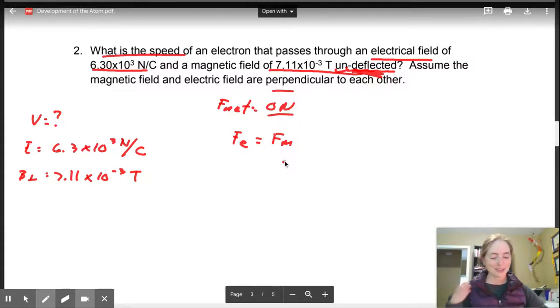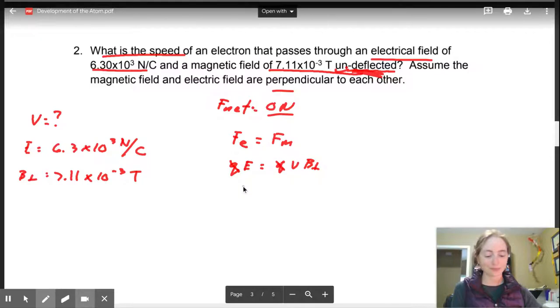Remember from our previous unit, our FE is equal to q times E, and FM is q times v B perpendicular. The q's cancel, and we're trying to find the speed, so I will divide both sides by B perpendicular.